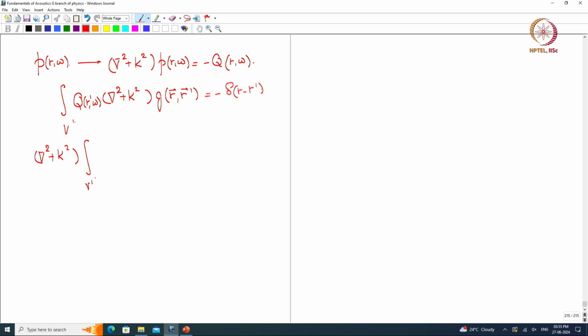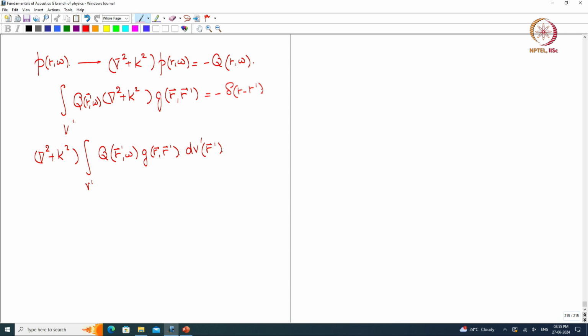That means it's going with r dash. So we get q of r dash comma omega, g of r comma r dash, dv dash.